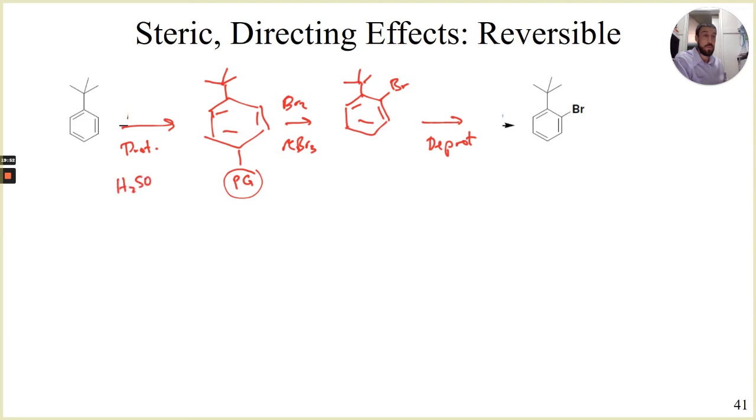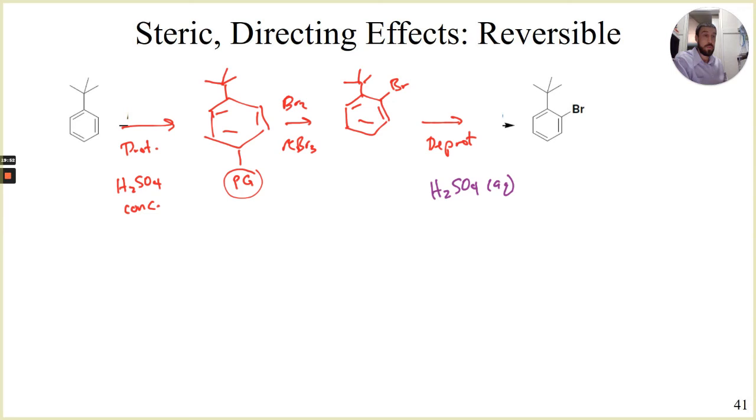That was concentrated H2SO4. And the deprotect, which honestly I should have looked up to make sure, is also H2SO4, except I think here we specify aqueous, or slightly more dilute than the concentrated. And that reverses that reaction.